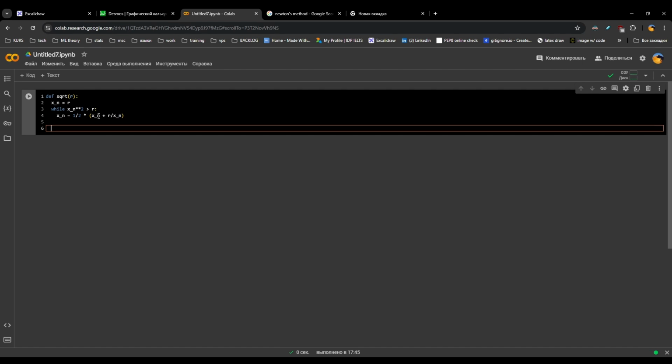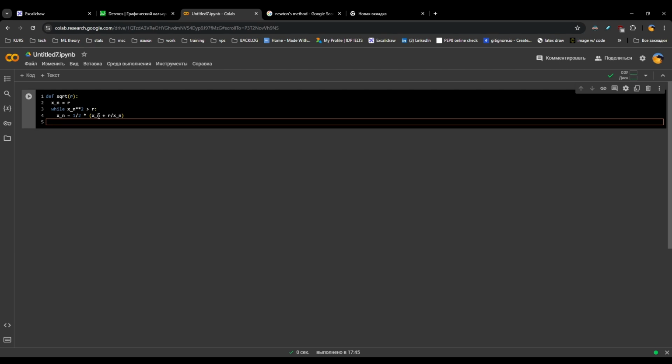And then we need to return the closest number to the whole number, so return the rounded number using the int operation in Python. However, we might run into some complications here, since the number of floating points in Python is fixed, and we might obtain the same number all over again, and we might run into an infinite loop.